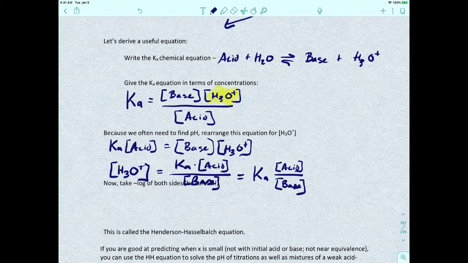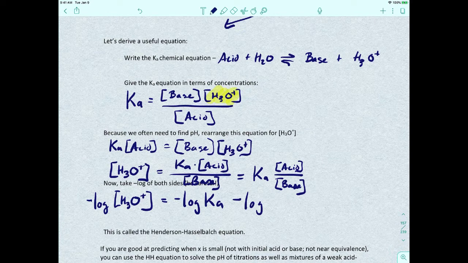So I'm going to take the negative log of H3O plus, and that's equal to the negative log of Ka. And then because we're multiplying these two, I'm going to take the negative log of the acid over the base.